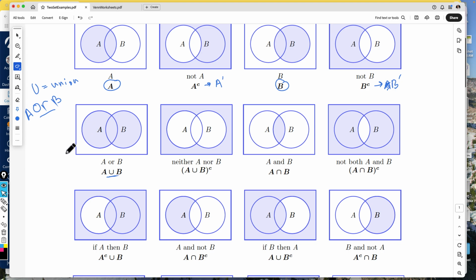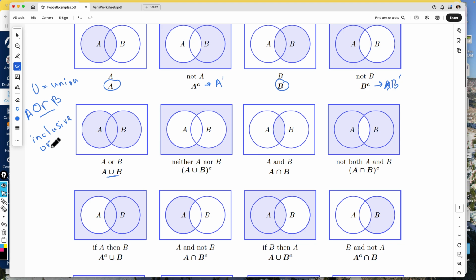This or is different than how we use it in everyday speech. This is the inclusive or. If I told you you could have chocolate or vanilla on your ice cream, what does that typically imply? Can you have both? When we use the word or, you have to make a choice.